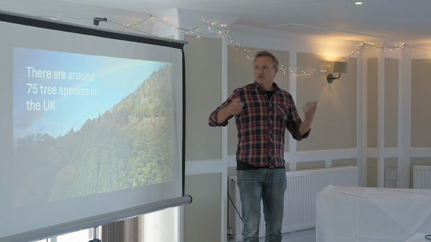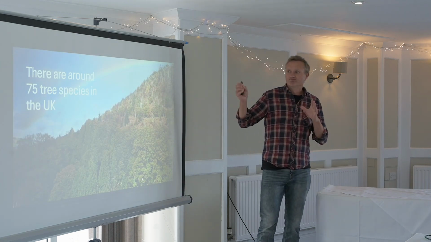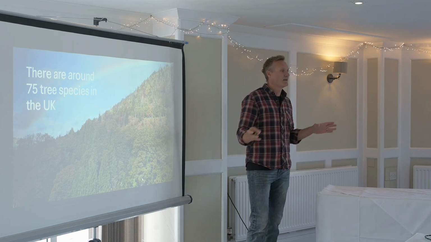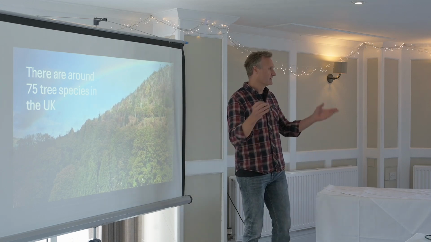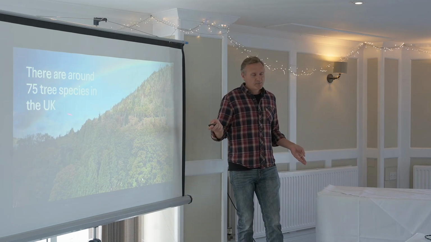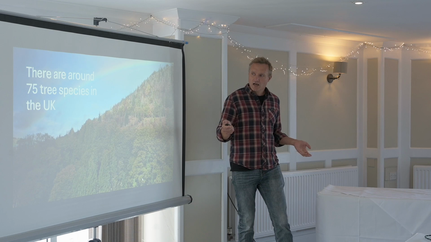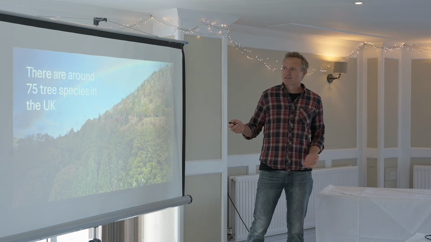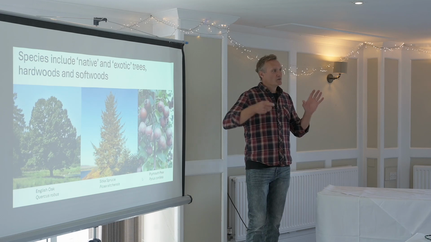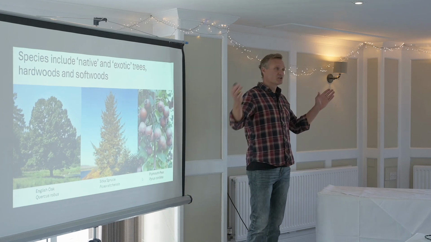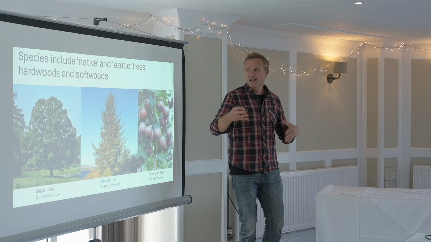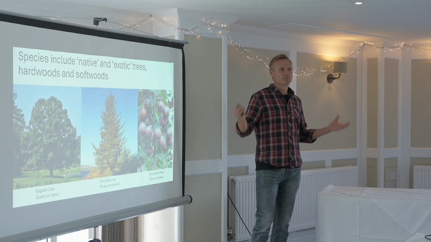Okay. So we've got to start thinking about what we've got in the UK in terms of our tree species. So not counting the kind of weird and wonderful things you'll find at Westonbirt Arboretum, about 75 tree species found in the UK. Nice diversity we've got here. Species will include the natives, which have been here since the retreat of the last ice age, roughly speaking, and the exotics, which have been brought in.